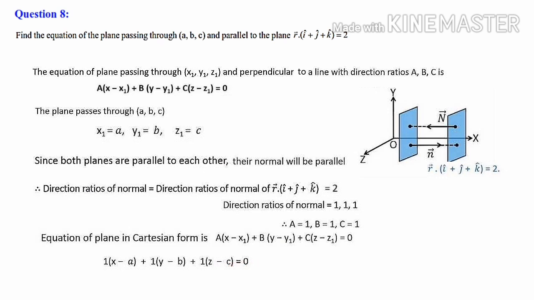Then we just simplify. x minus A plus y minus B plus z minus C is equal to 0. Then there is a minus common in A, B and C. Let's take out minus of A plus B plus C is equal to 0. Then take this entire term to the right side. That is x plus y plus z is equal to minus of A plus B plus C going to the right side, meaning plus A plus B plus C. So this is the required equation.